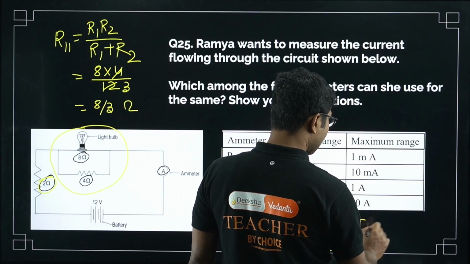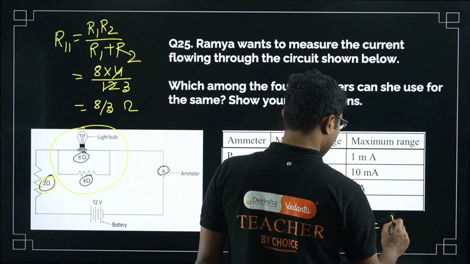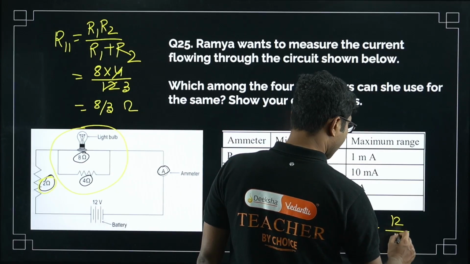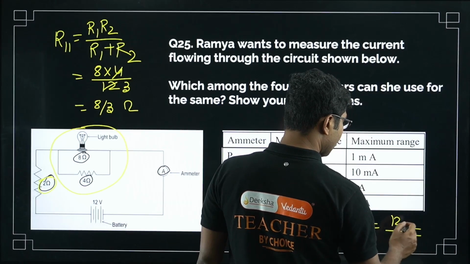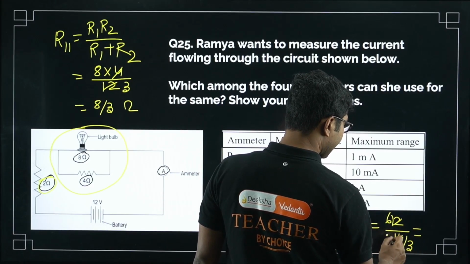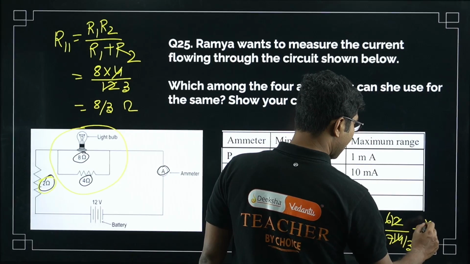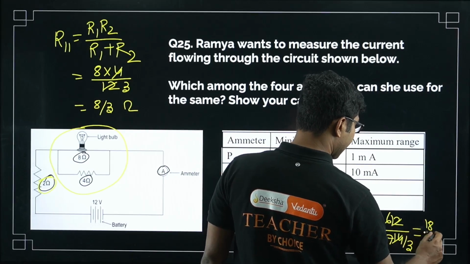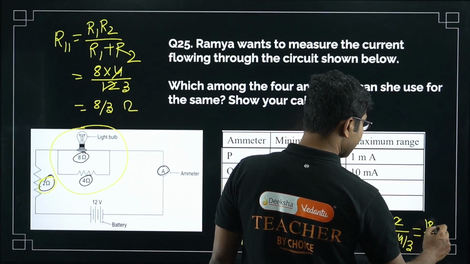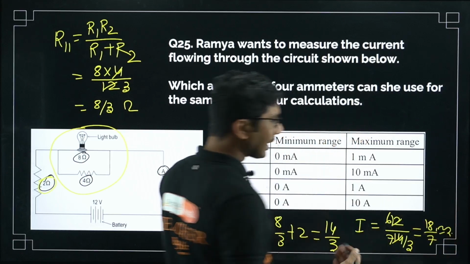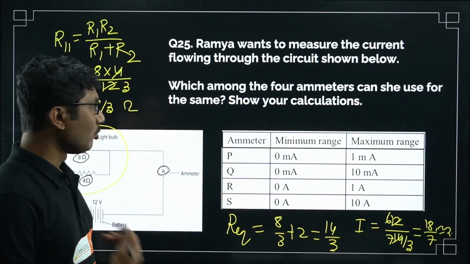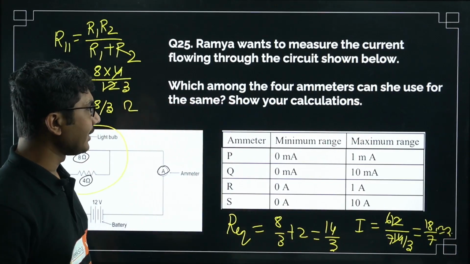So current will be 12 divided by 14 by 3, which is 18 by 7, approximately 2 point something, right? So more than 2, less than 3 should be your range.